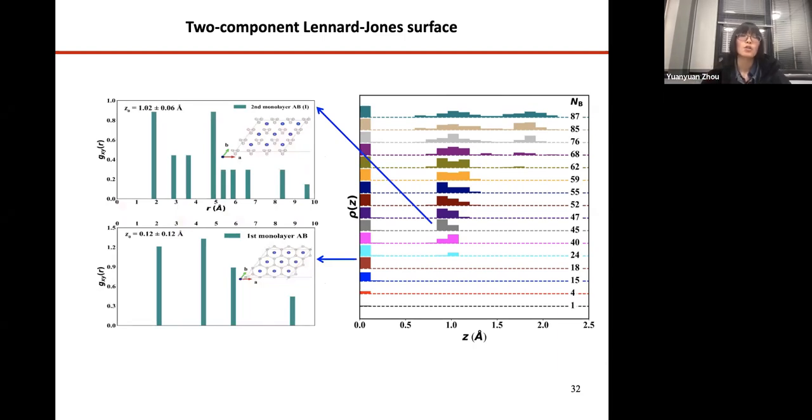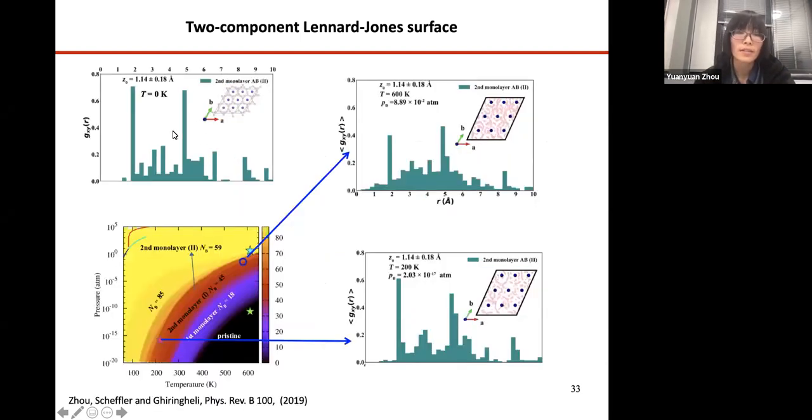The radial distribution function is calculated for the different adsorbates, so we can get more detailed structure information about how these phases look. The radial distribution function of the first monolayer and the second monolayer has the characteristics of a solid phase, that is, well-defined peaks and long-range order.